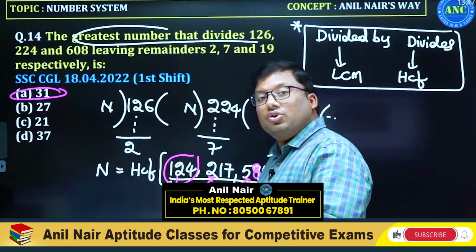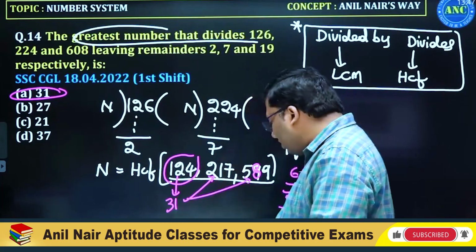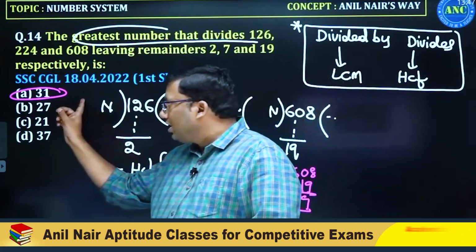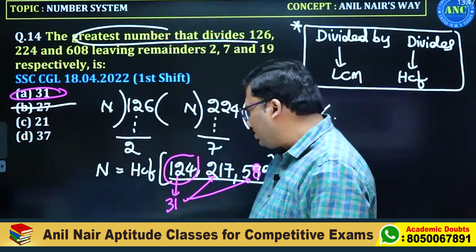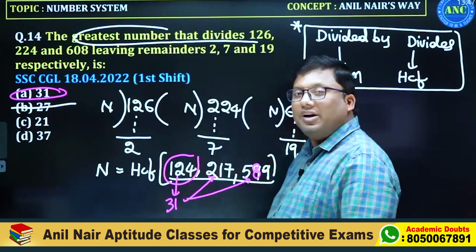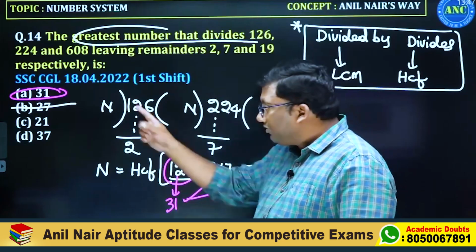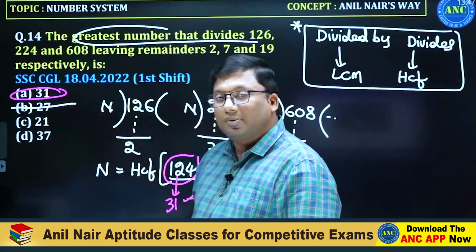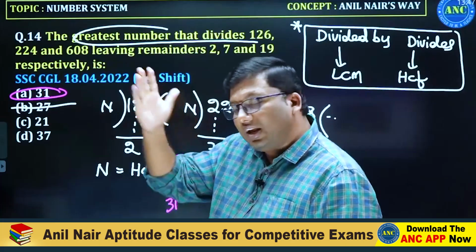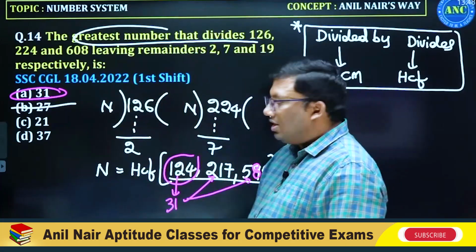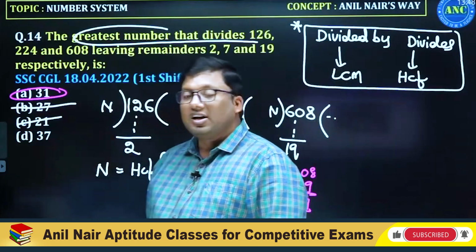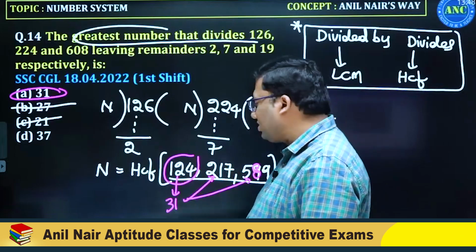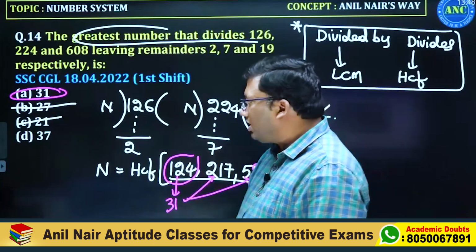You do not need to do all this. You can easily eliminate incorrect answer options. If the answer is divisible by 27, all the numbers should be divisible by 27. Whenever you are finding an HCF, if the output is divisible by 7, every input number should be divisible by 7. 124 is not divisible by 7.